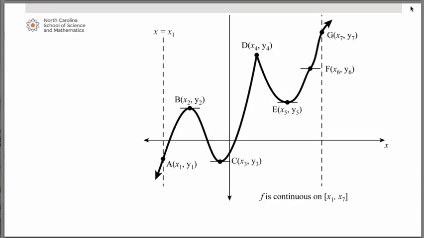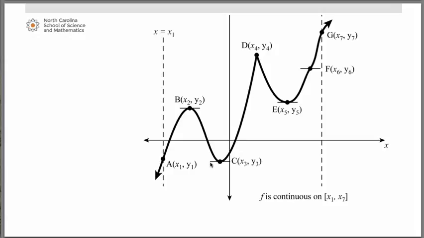If you take a look at the graph that you see here, as a point moves along the curve from A to B, the function values, the y values, increase as the x value increases. As a point moves from point B to point C, the function values decrease as the x values increase.